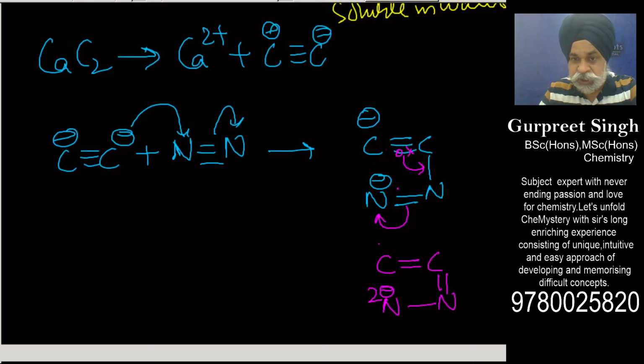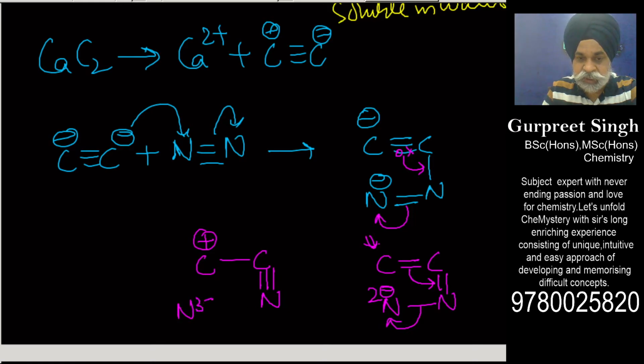Did you get my point? Now if I place it here and bring it here, this carbon gets a positive charge, along with a triple bond here, and this becomes N3 negative. This might have happened, and now you can attack this one and this will go out, because this takes the electron of the central carbon and this becomes neutral.